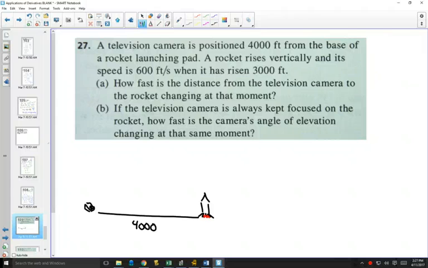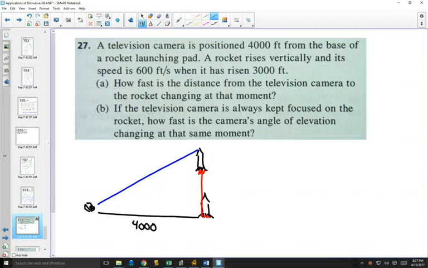Question A is, how fast is the distance from the television camera to the rocket changing at that moment? So at the moment when the rocket is up here, 3,000 feet above the ground, we're looking for how fast the distance from the television camera to the rocket is changing.